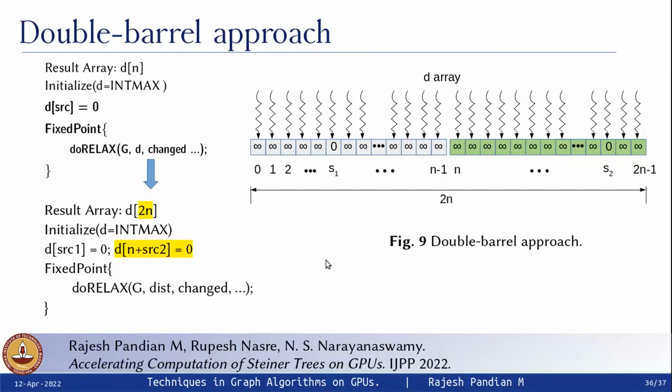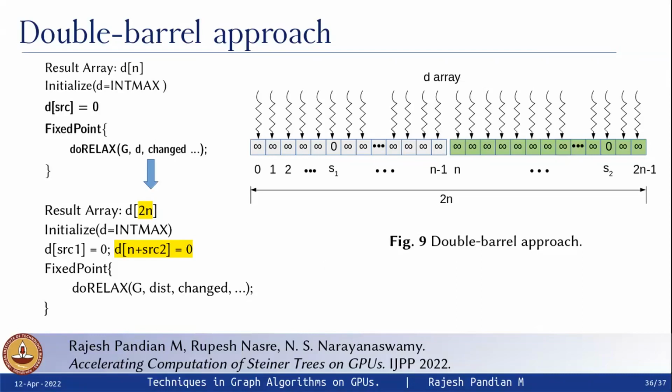We have generalized this so that any p parallel SSSPs can be run in parallel. We made it a tunable parameter, so you can pass how much parallelism you want, because we don't have enough memory on GPUs, and tune accordingly.